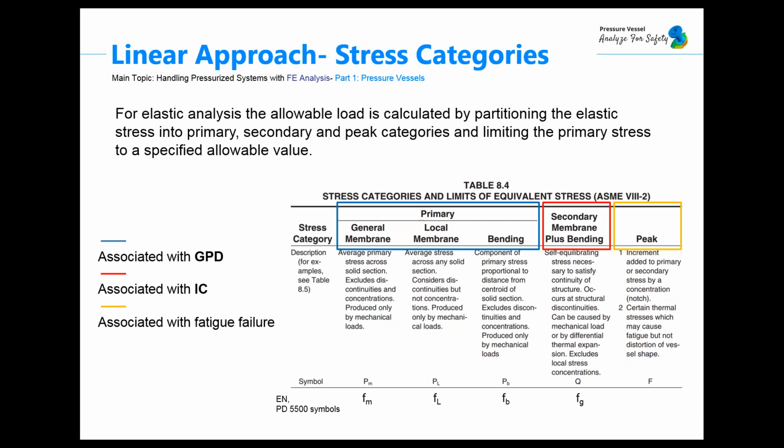So different stresses have different degrees of importance, and this is why they have been categorized in the code. Once again, we are talking about the elastic approach, and what we want to do is to perform categorization of the stress. Before that, it has to be understood what the loads are which will act on the geometry.